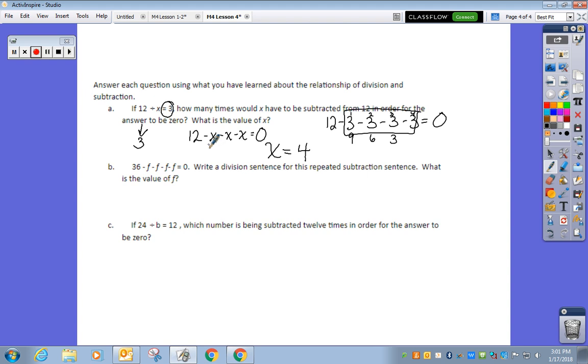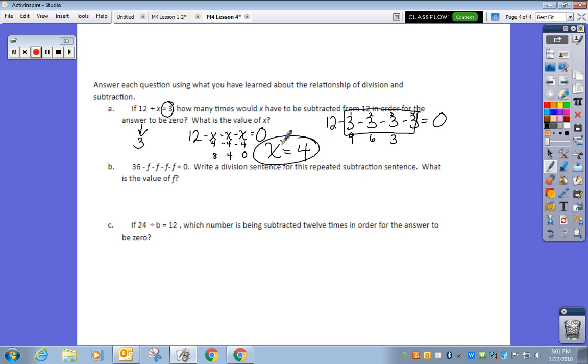So if I go back here and replace the x's with 4, 12 minus 4 is 8. 8 minus 4 is 4. And 4 minus 4 is in fact that 0. So x is equal to 4.